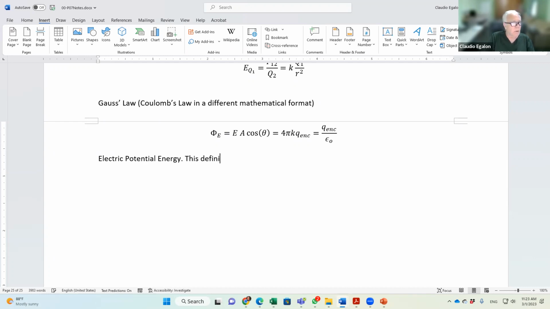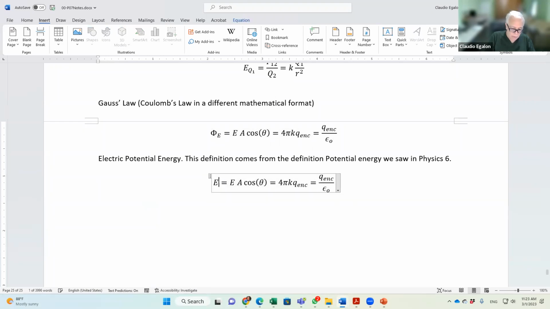This definition comes from the definition of potential energy we saw in physics 6. And the definition is: electric potential energy is minus the work done by the electric force.